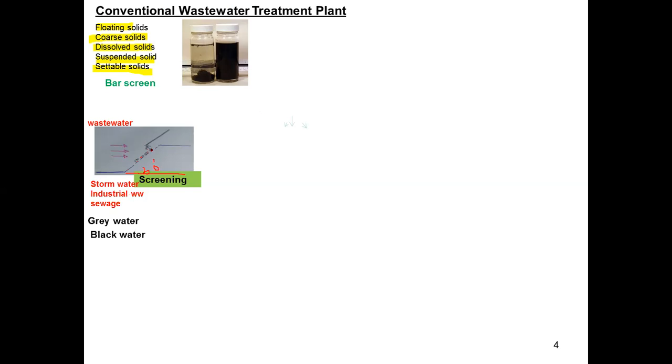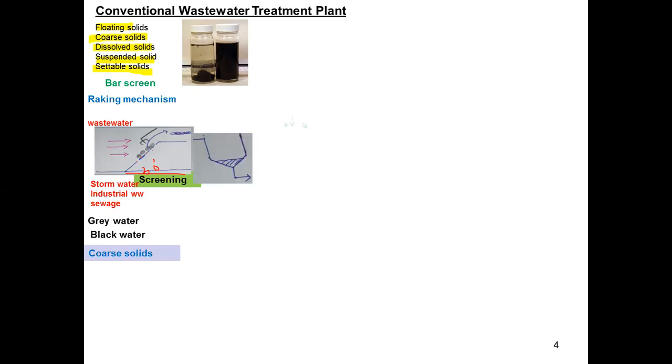By using a raking mechanism, the remaining solids can be removed from the screen. So from screening, we can remove coarse solids, either floating or non-floating. So the first unit operation of a wastewater treatment plant is screening.